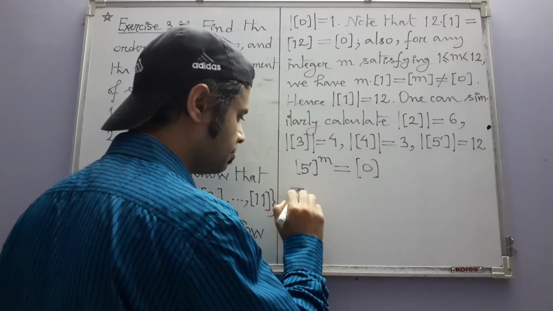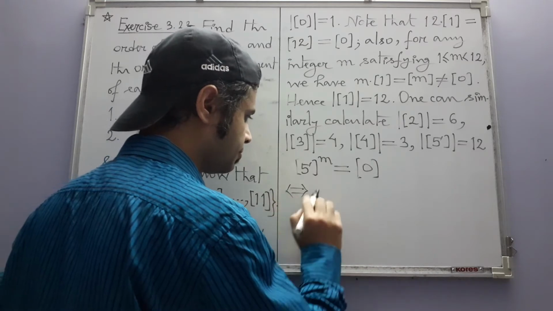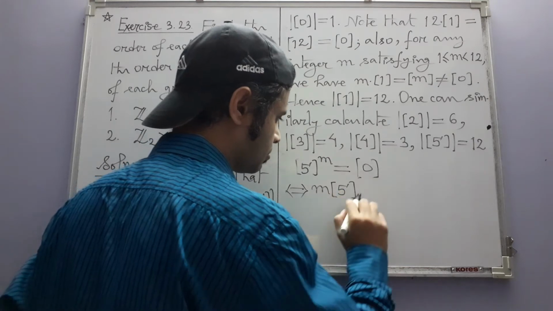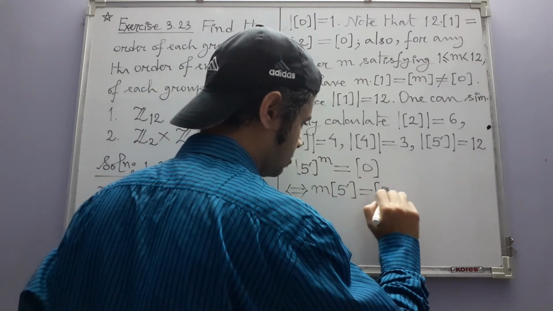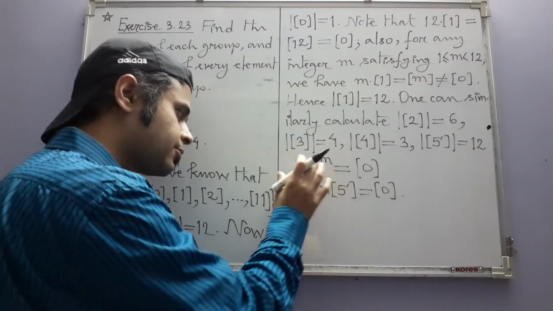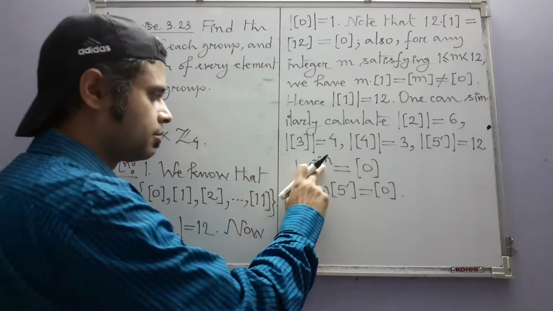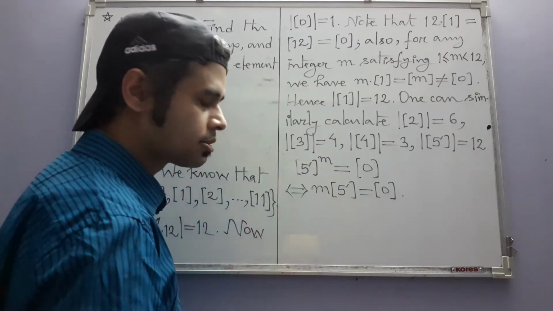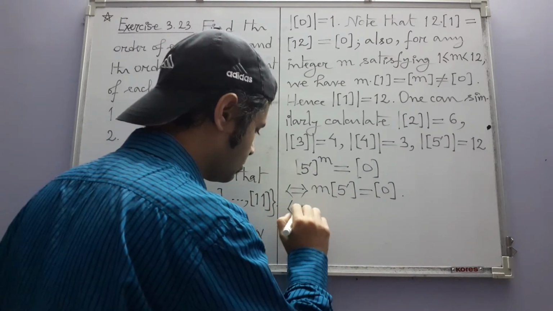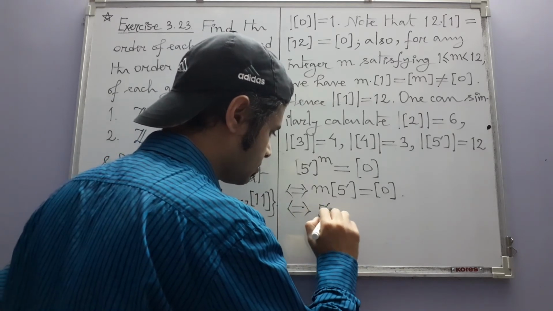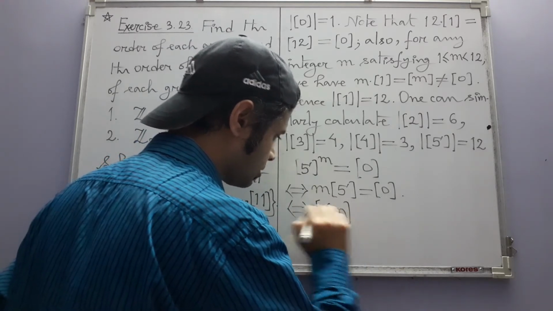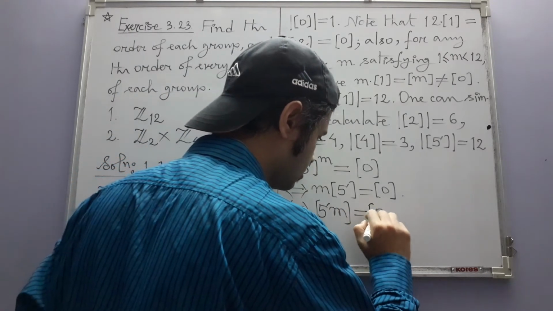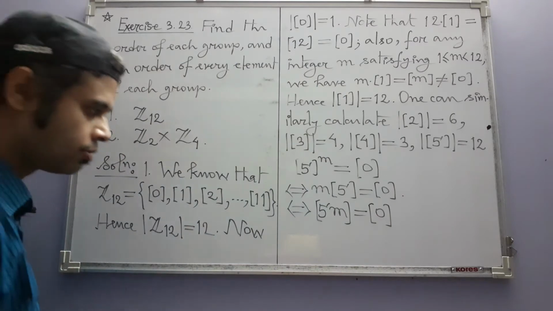And because our group is additive, this actually means this itself. That is, we are operating m copies of this congruence class, which is equivalent to this: the congruence class containing the integer 5m modulo 12 is equal to the 0 congruence class modulo 12.